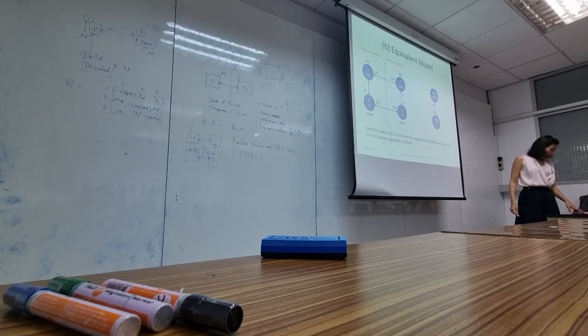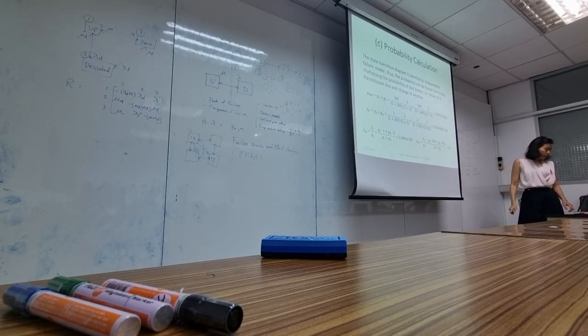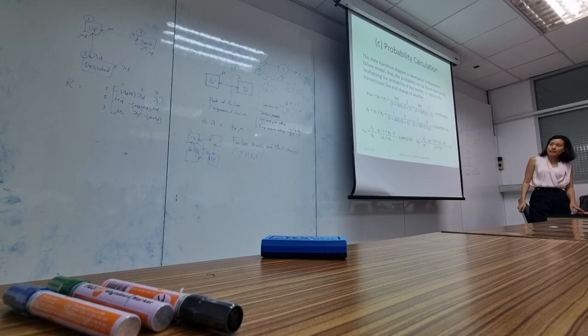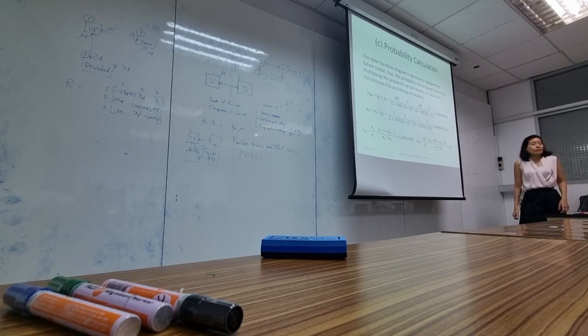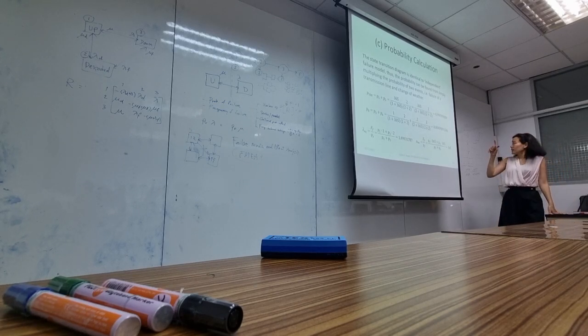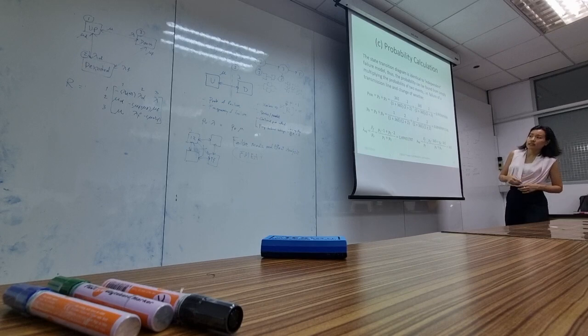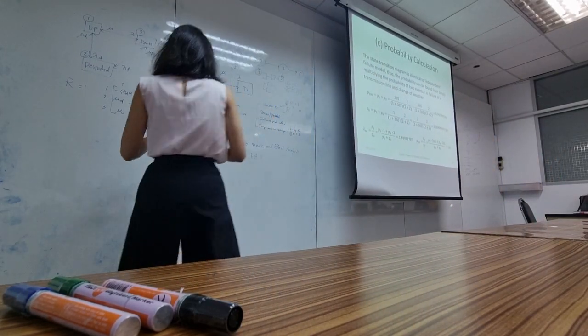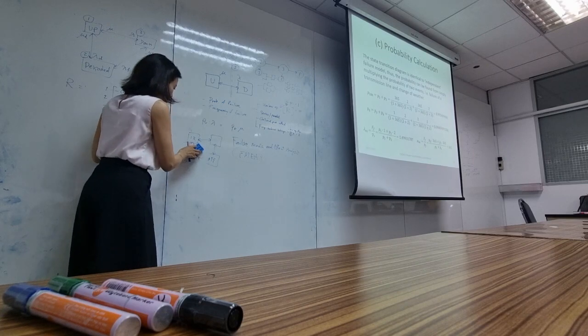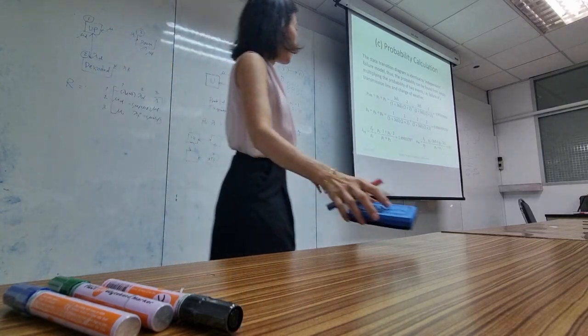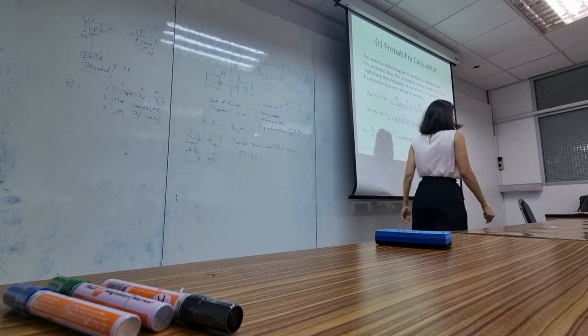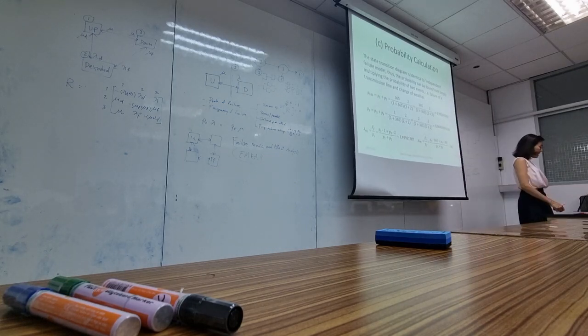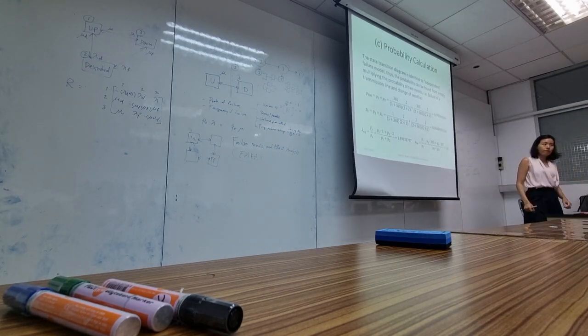Okay, so how do we calculate the probability? Well, this is very easy because it's independent, right? Everything is independent. It's the same thing as in this diagram. There is no transition. Things change state one at a time. So if it's independent, you can calculate it by multiplying the probability of each of the rates.